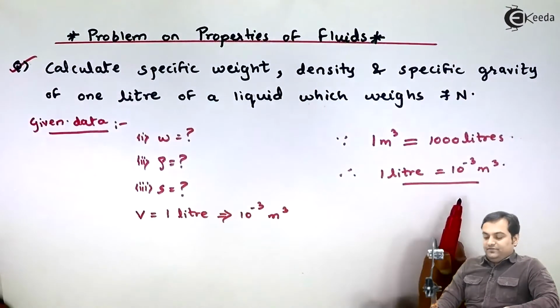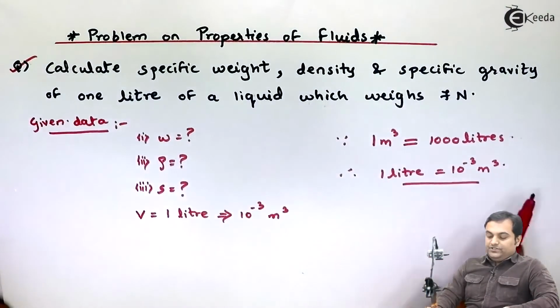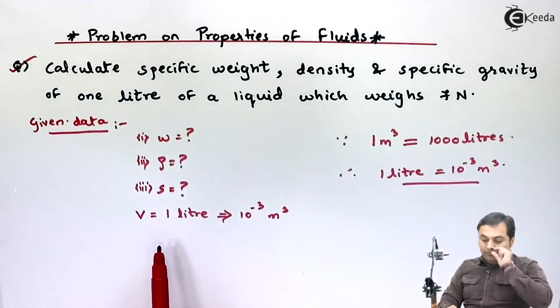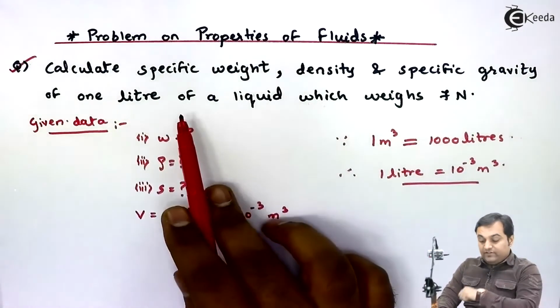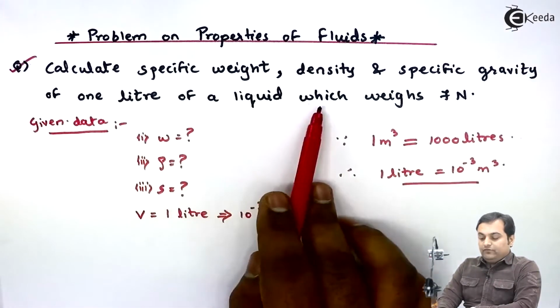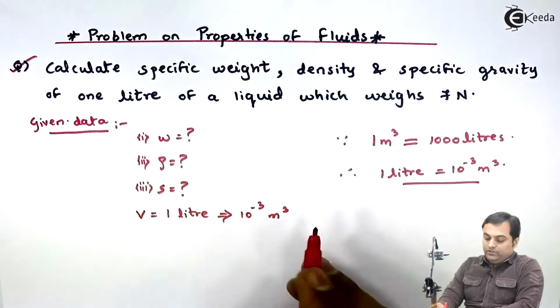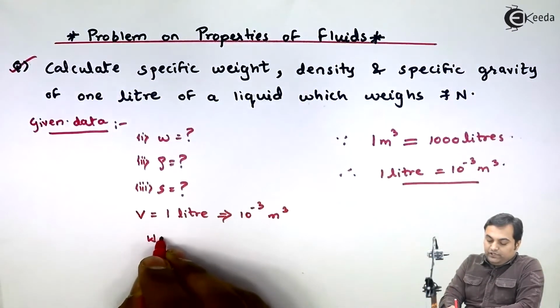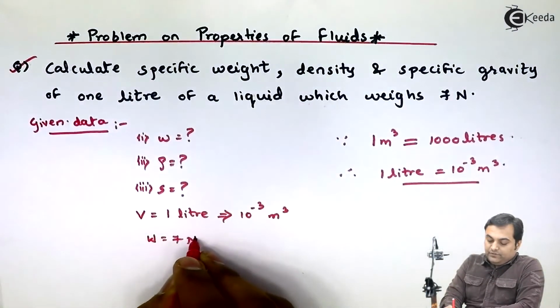So here is the conversion part. Now this is the question we have in front of us, where volume is given and they have even given the weight of the liquid, which weighs 7 Newton. So capital W, weight of the liquid, is 7 Newton.